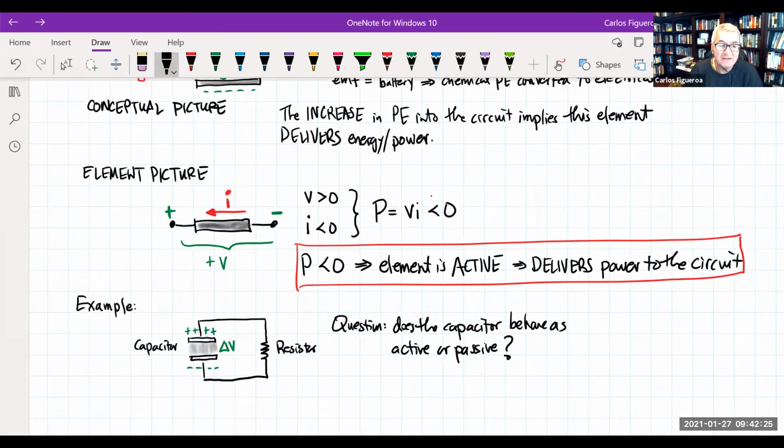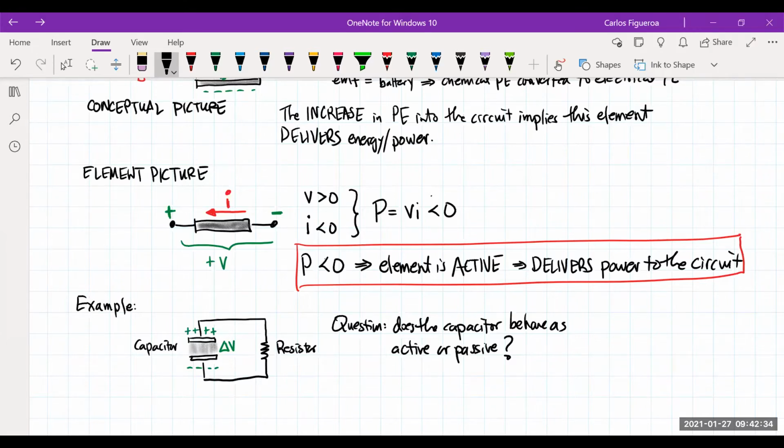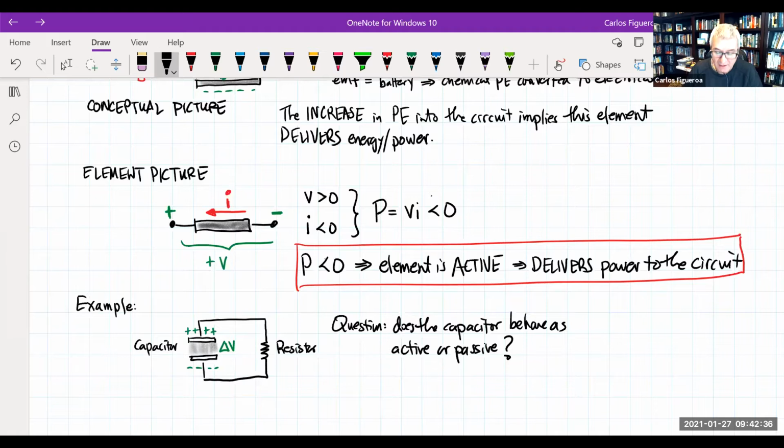So capacitors as well as inductors are not active elements. They're passive. And I don't know if you really understand what I'm saying. You really won't start to understand until we get to chapters 6, 7 and 8, where we're going to be dealing with capacitors and inductors.